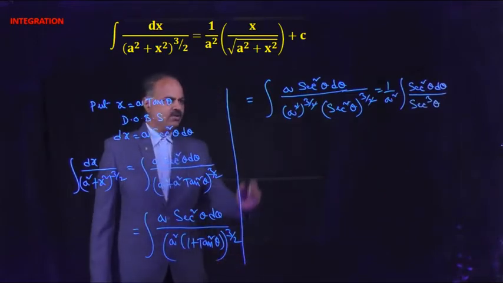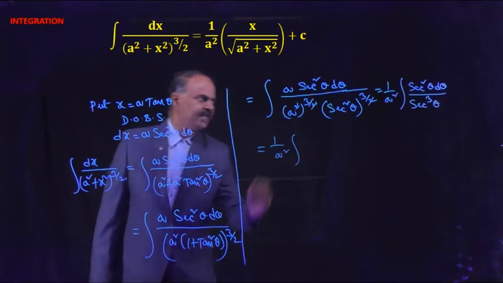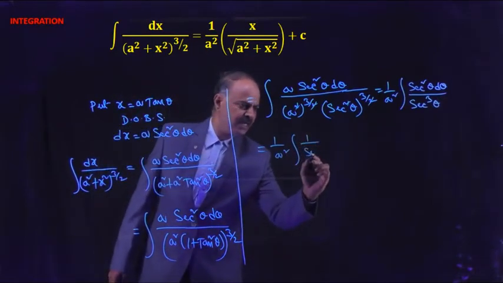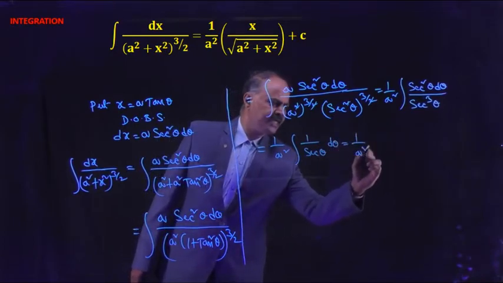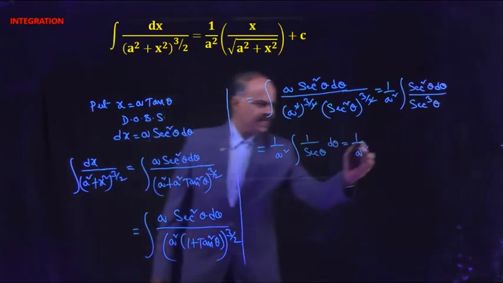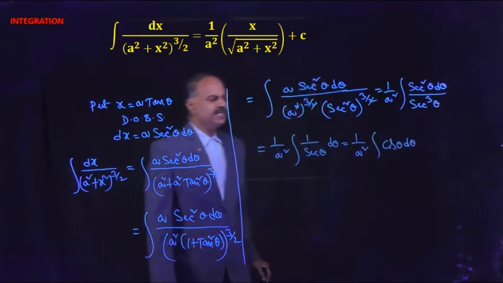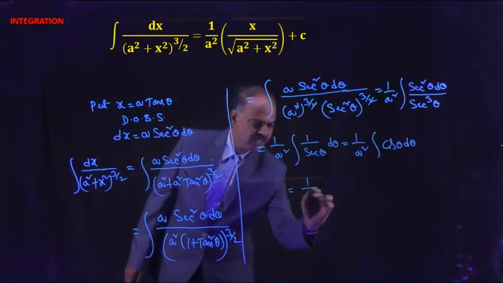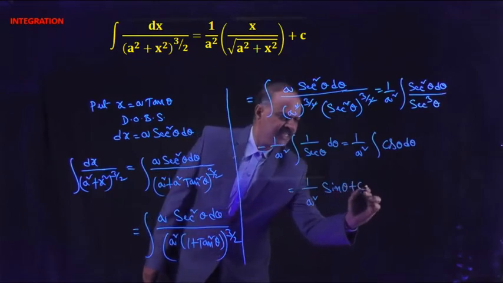Now this is equal to 1 by a square into integral 1 by secant theta into d theta, that is equal to 1 by a square into integral cos theta into d theta. So integral cos theta into d theta is equal to sin theta. So here 1 by a square into sin theta plus integration constant.